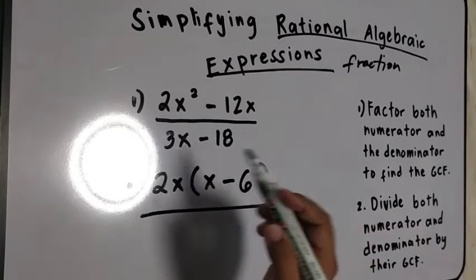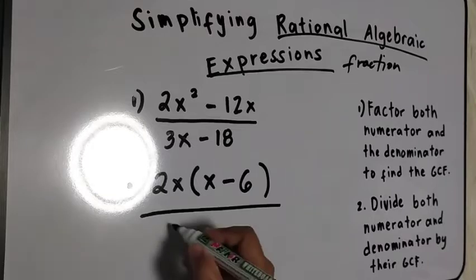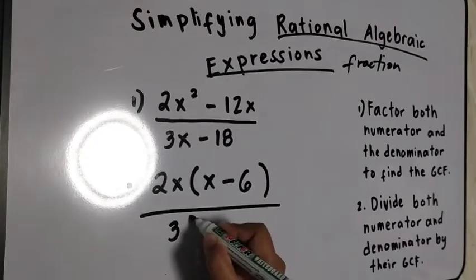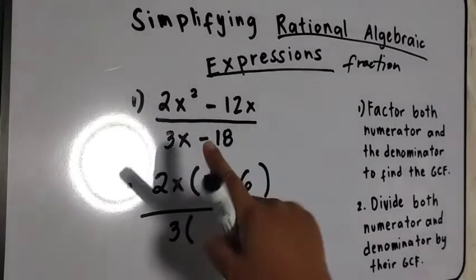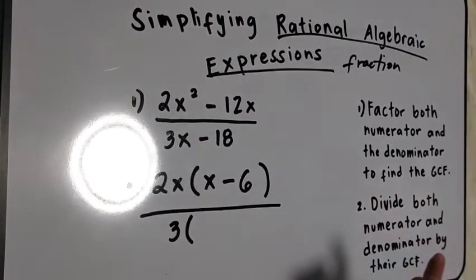Over now, how about 3x minus 18? Factor mo din muna. First is GCF, diba? So, 3 and 18 may common factor? Yes, that is 3. So, divide now. Sa variable, wala, kasi yung first term lang yung may variable. So, obviously, walang mapapactor out na variable.